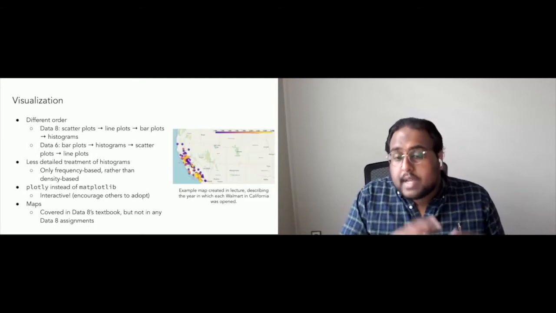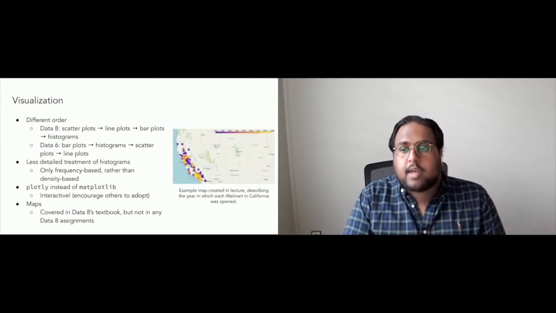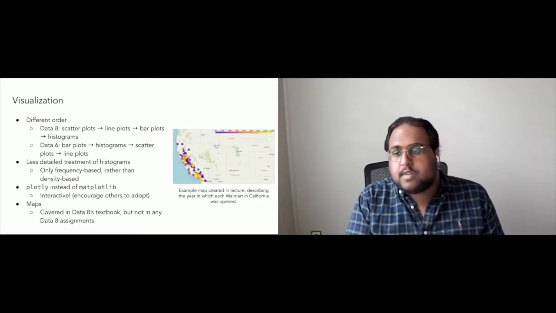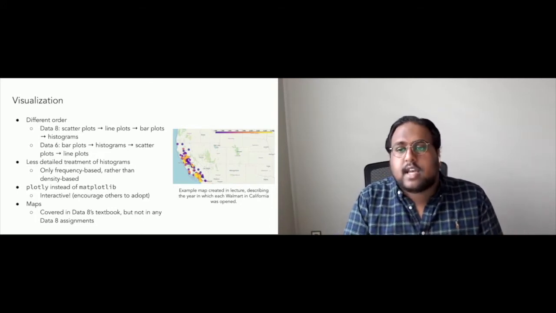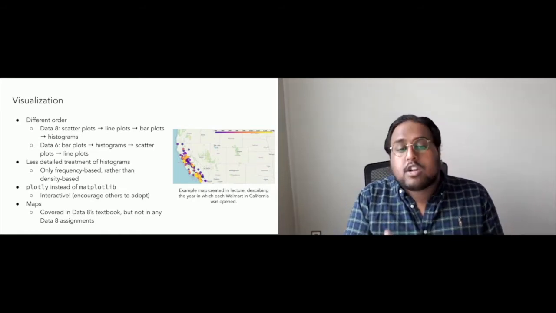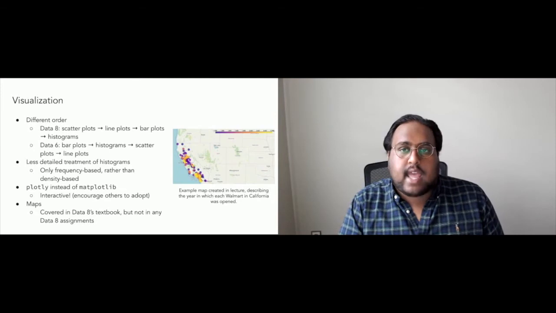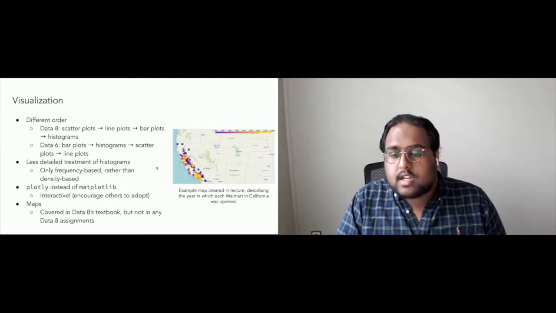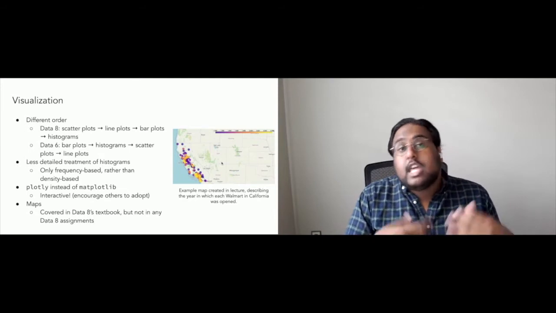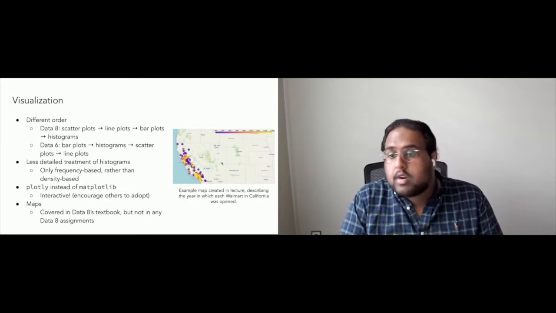We also spent quite a bit of time in lecture talking about maps. Now, maps are covered in Data 8's textbook, and so they're built into the data science library. They use a Folium backend, but they're not currently covered in any Data 8 assignments. We spent an entire lecture on creating maps, and here's an example from lecture, which shows the year in which every Walmart in California was opened.